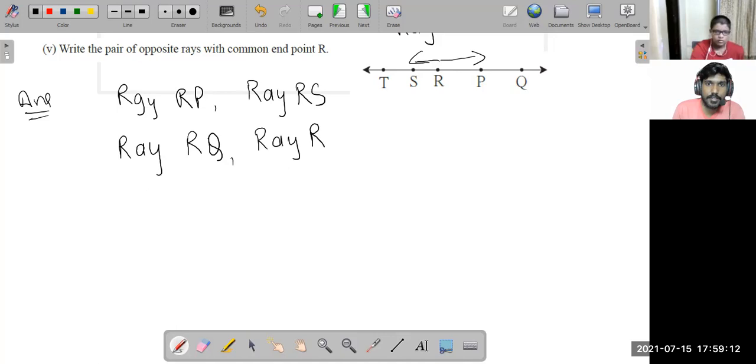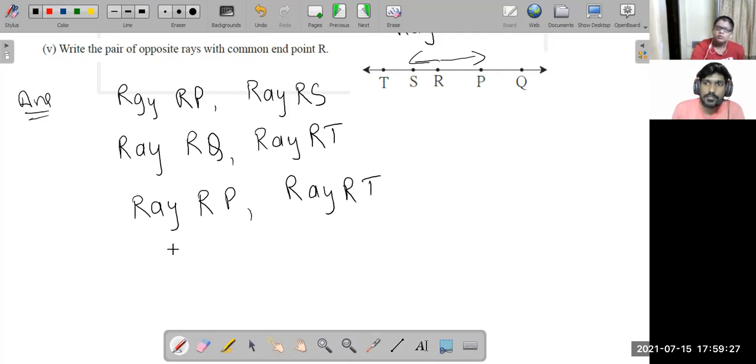Okay, these are opposites. How about ray RP and ray RT? Are these opposites? Yes. Don't look at the length.